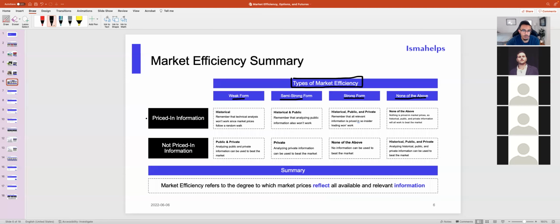I tried to create two segments, one being the priced in information, and the second being the not priced in information, and we find the intersection of each form of market efficiency with what is priced in and what is not priced in. I would definitely recommend using this as you study, and also in your cheat sheet, because it gives you a very clean way to see quickly what is priced in and what is not priced in under this type of environment.